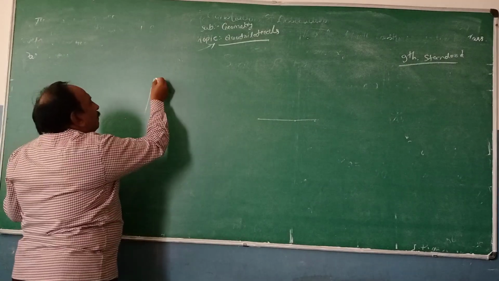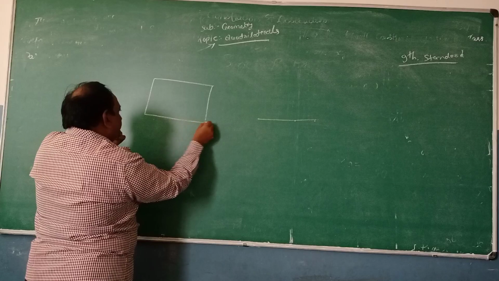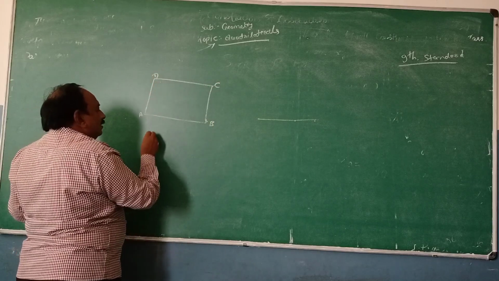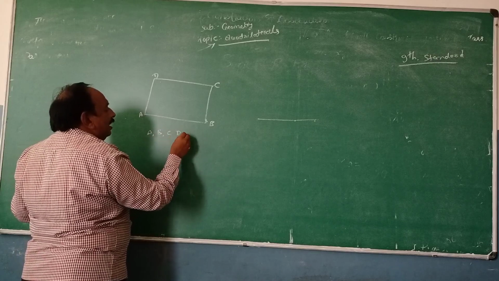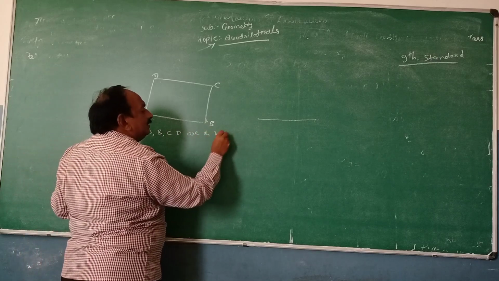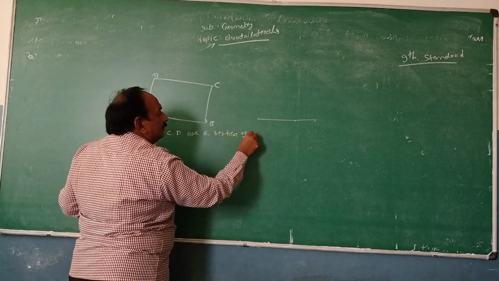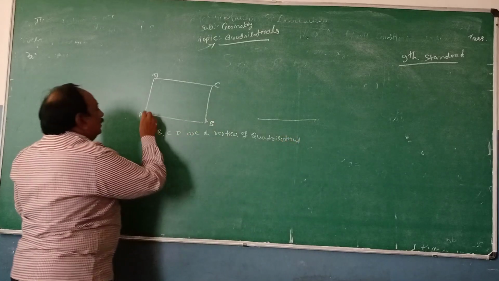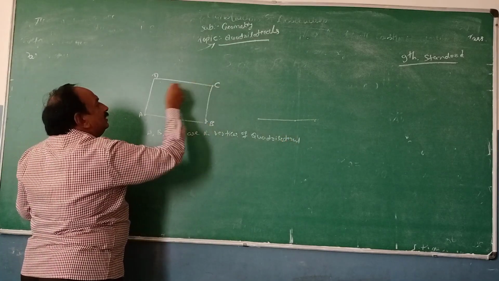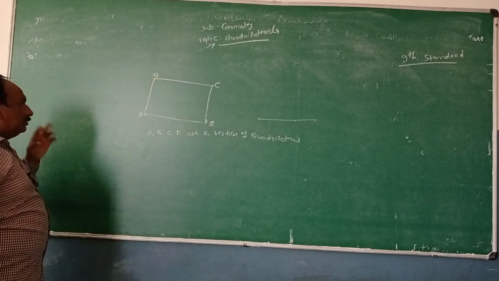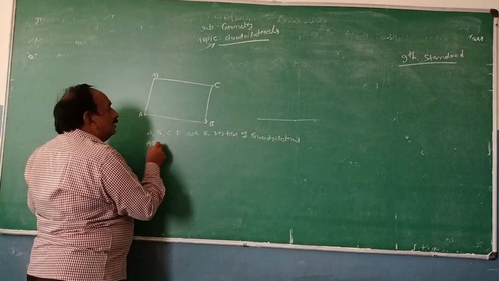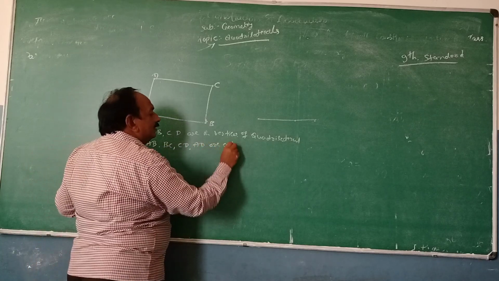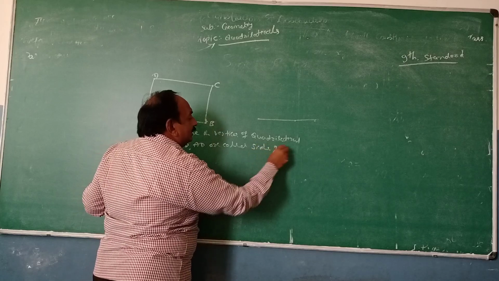Now consider A, B, C, D. A, B, C, D are the vertices of the quadrilateral. AB, BC, CD, AD are called sides of the quadrilateral.